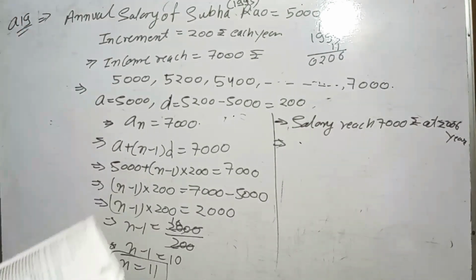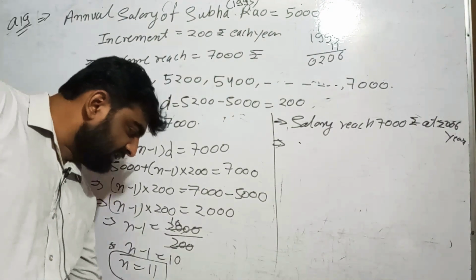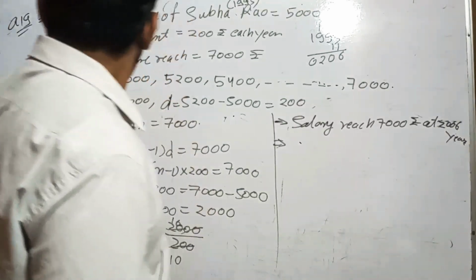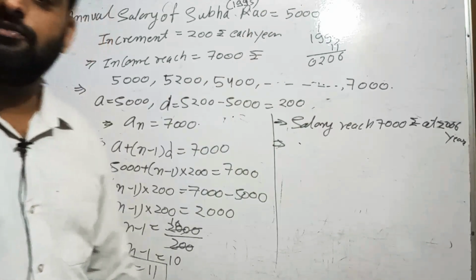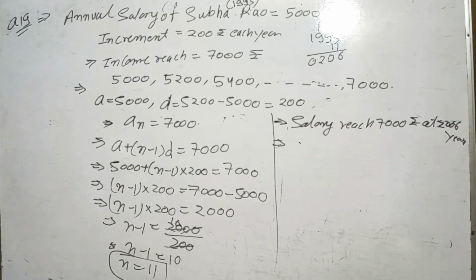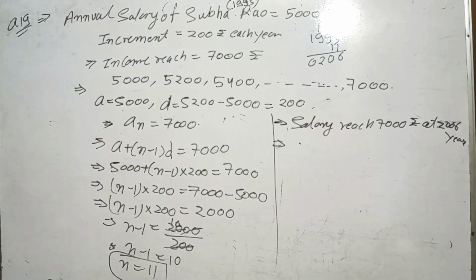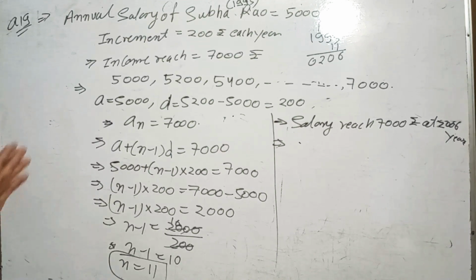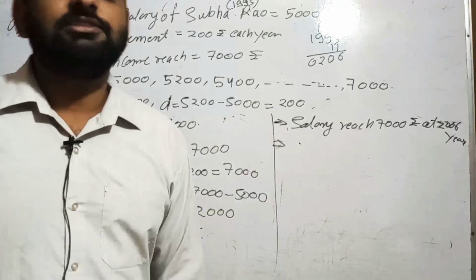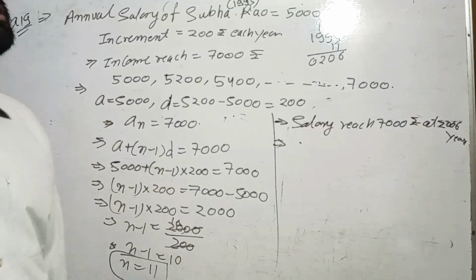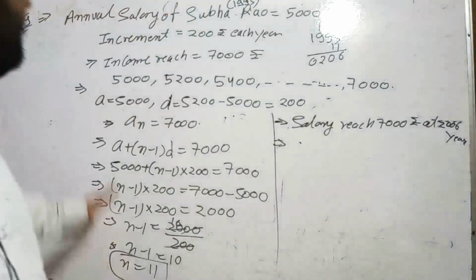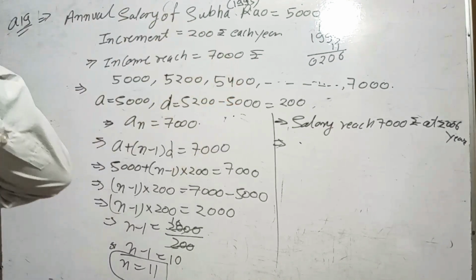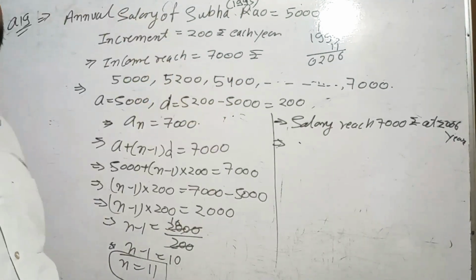Now I think you have all understood this question. I am just repeating the question: the annual salary of Subba Rao is 5,000 rupees, he received an increment of 200 rupees each year, and the income reached 7,000 rupees. After how many years did he receive a salary of 7,000 rupees annually?